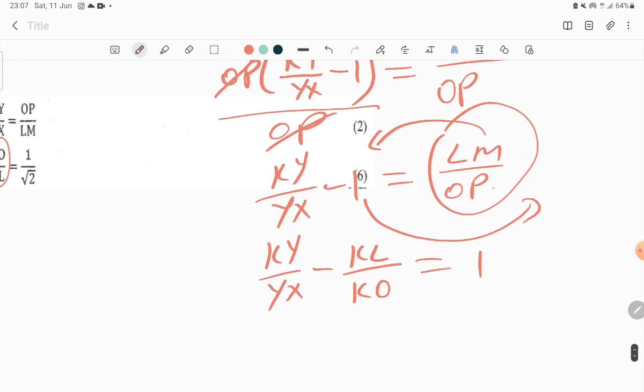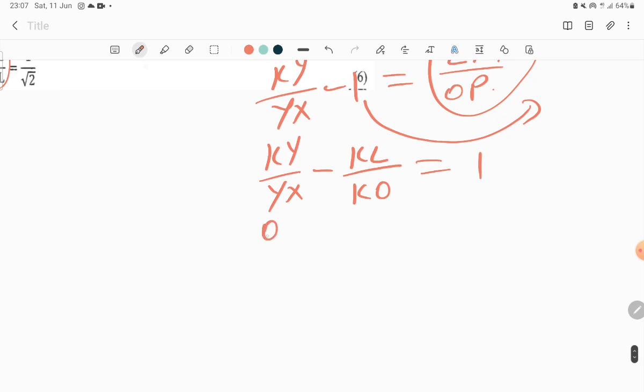So which means here we can say it's just KO over OL, then minus KL over KO, then this is equal to 1.